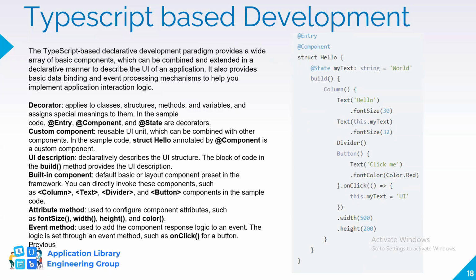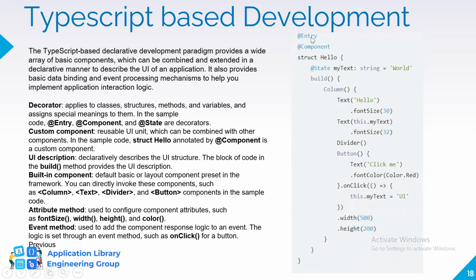Okay, now let's spend some time to understand different basic concepts in TypeScript programming. Before going to the concepts, first have a glance at this sample code. This is one ETS file, and the basic ETS file will look like this.